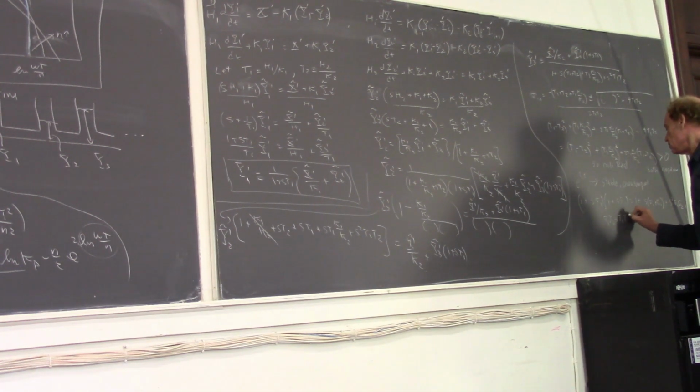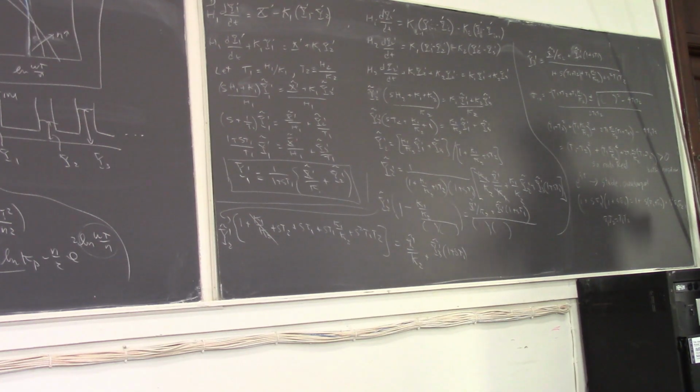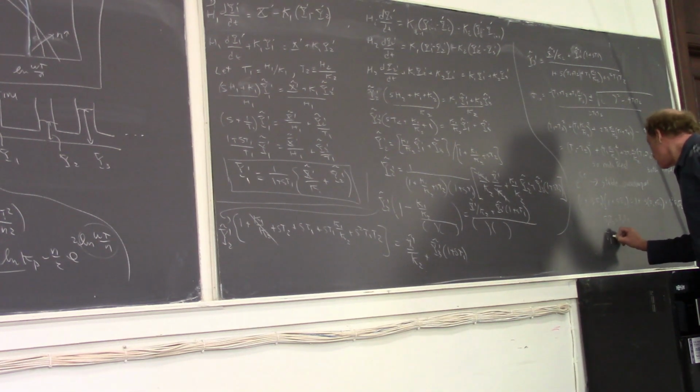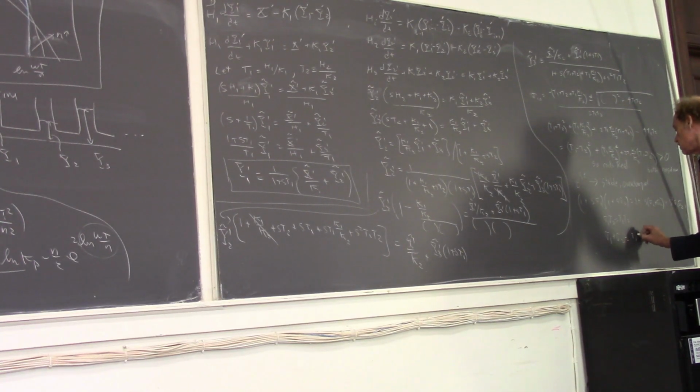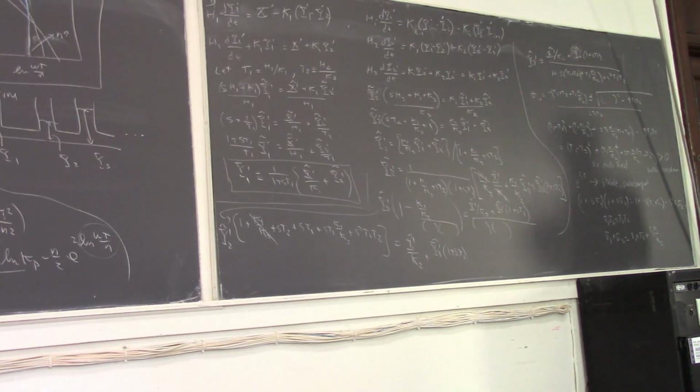That tells me sigma 1 sigma 2 is equal to t1 t2. They have to be the same because they're the coefficient of s squared. It's the same quadratic. But sigma 1 plus sigma 2 is equal to t1 plus t2 plus something, namely t1 k1 over k2. So what does that tell me?